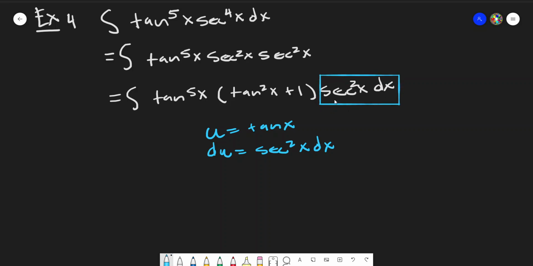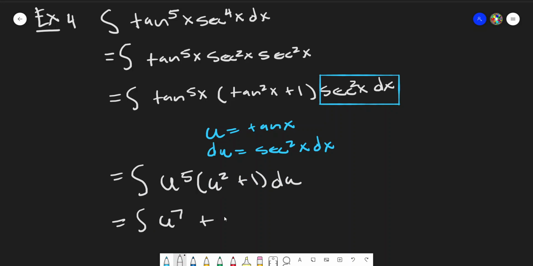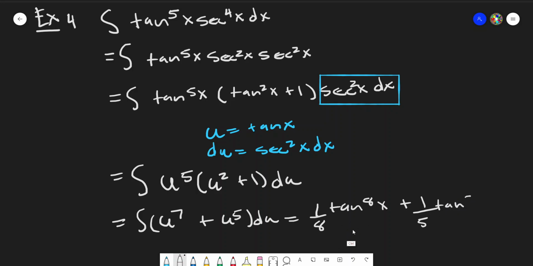So du is going to be this part, which means that we have the integral of u to the fifth times, well, that's going to be u squared plus 1 times du, which at that point it kind of becomes clear that, if you distribute, you have the integral of u to the seventh plus u to the fifth, and then from there you know that you just have to integrate each one, of which basically it gives you 1/8 tangent 8x plus, tangent, not 1/5 actually, right?